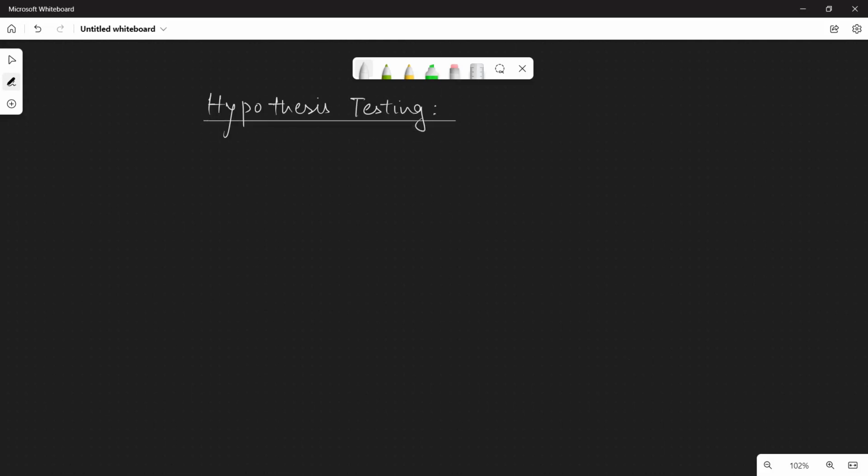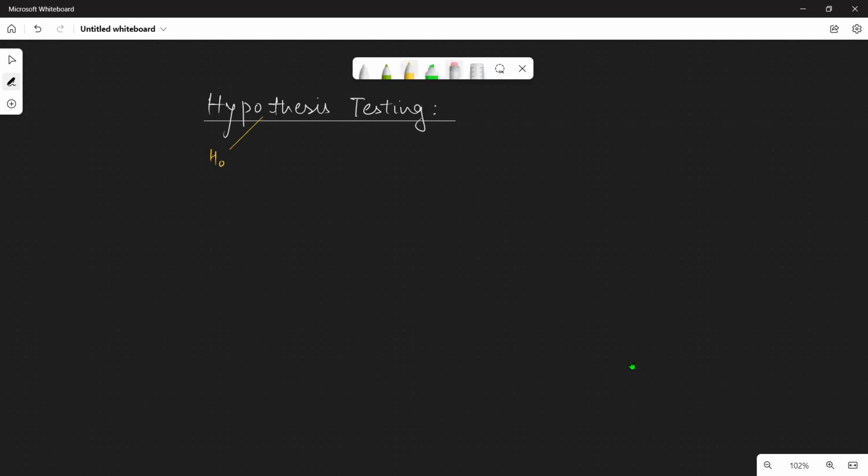So there are a few fundamentals that we first need to understand. If I talk about hypothesis testing from a very superficial level, there are two different kinds of hypothesis. We have something called H0 and we have something called H1.